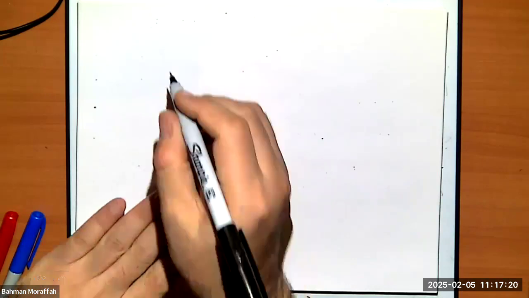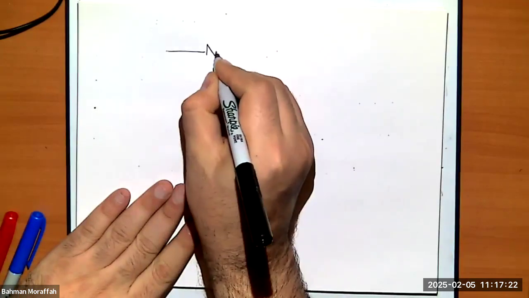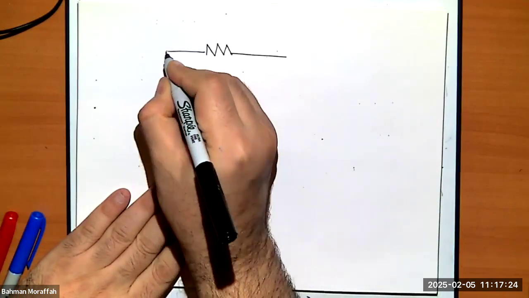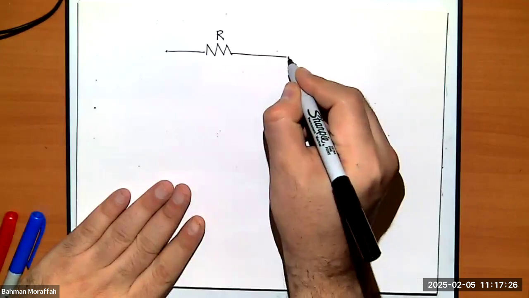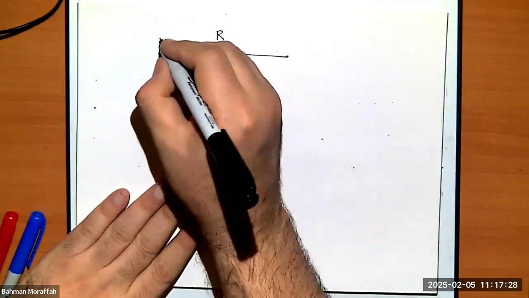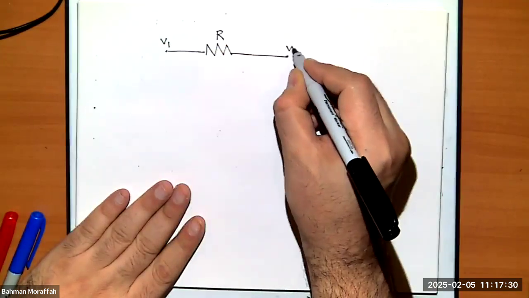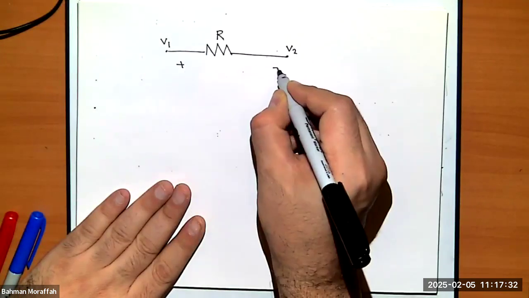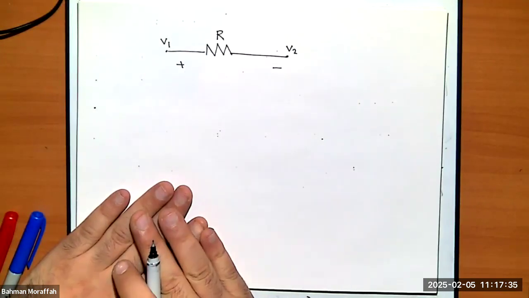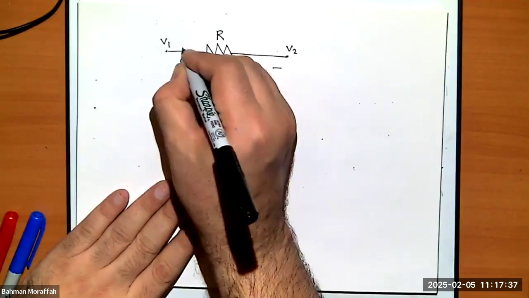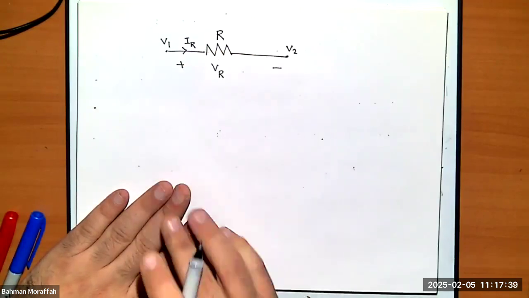Let's do a quick review. If we have a resistance with value R, and we call the voltage here V1 and the voltage at this node V2, let's say the voltage across the resistance is VR and the current through it is IR.